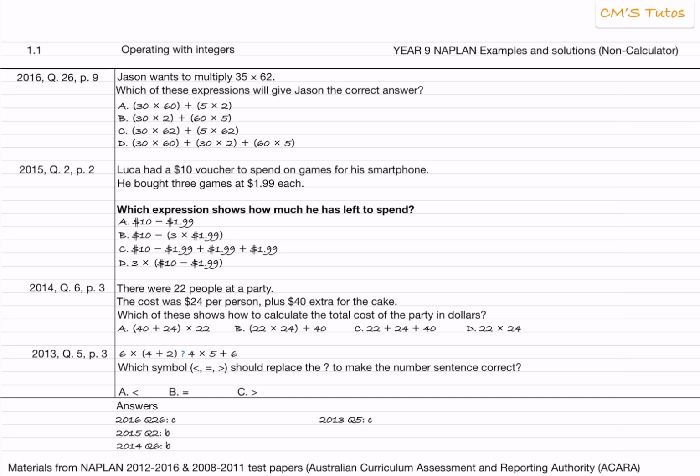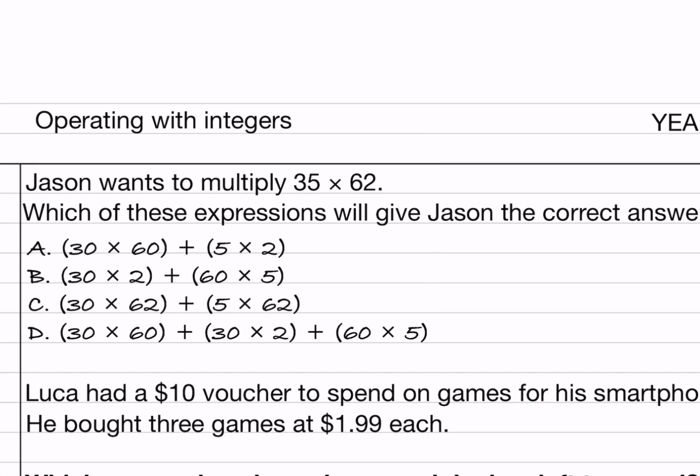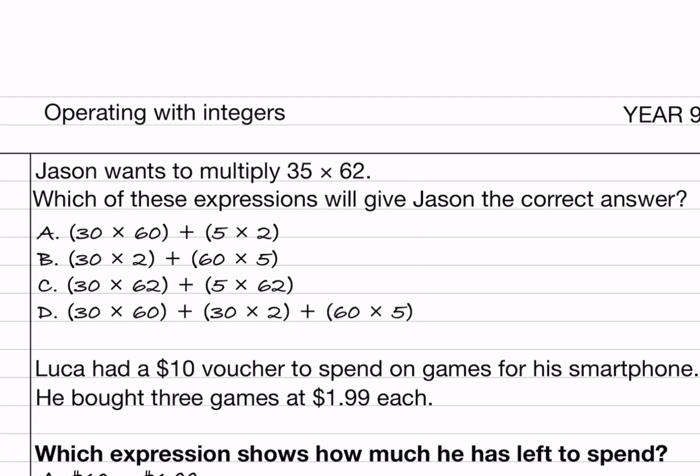Now we can move on to our non-calculator part. In 2016, question 26, page 9, there was a question about operating with integers. Let's have a look. Jason wants to multiply 35 by 62. Which of these expressions will give Jason the correct answer?